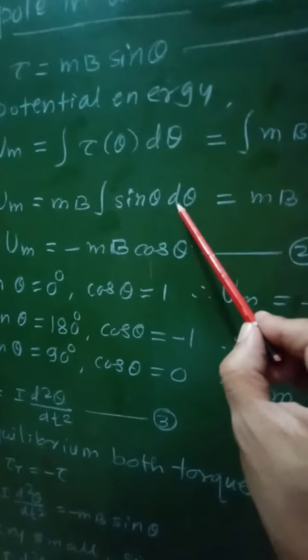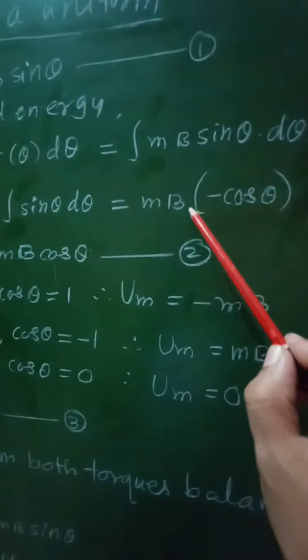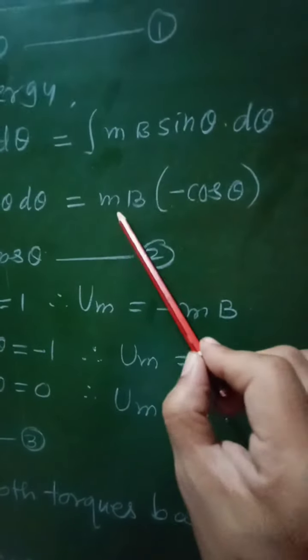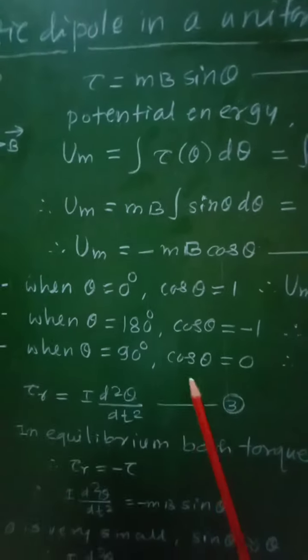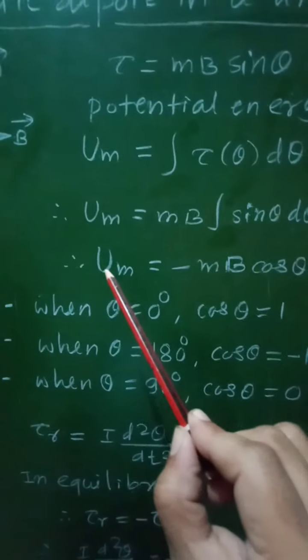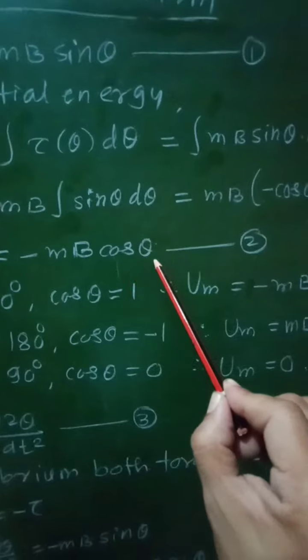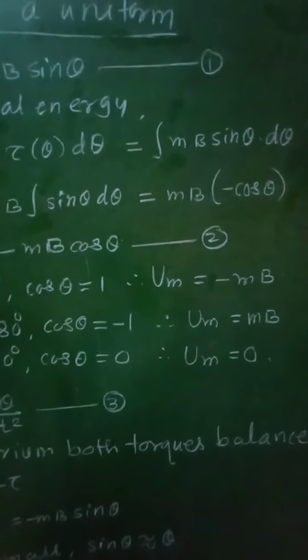But the integration of sin theta d theta, that is the integration of sin theta, is minus cos theta, and therefore mB into minus cos theta, and therefore we can write it equal to minus mB cos theta, equation number 2.